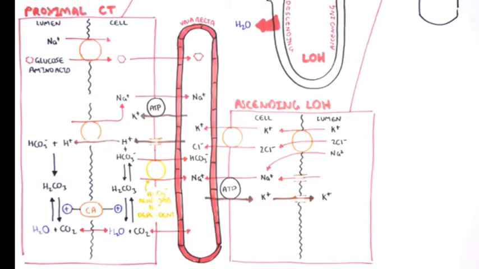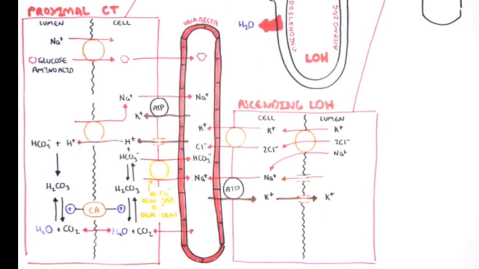And this sodium ion is in exchange for the hydrogen ion, and the hydrogen ion moves into the lumen and can combine with the bicarbonate ion to produce carbonic acid. Carbonic anhydrase enzyme can divide this into water and carbon dioxide, which can move freely into the cellular part and subsequently into the vasa recta.